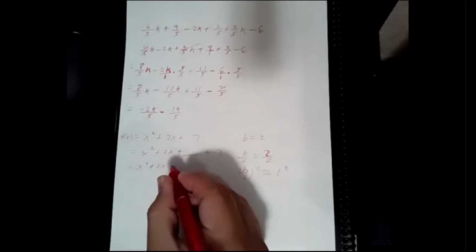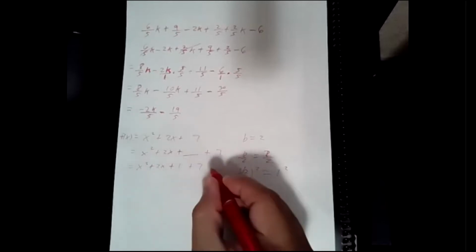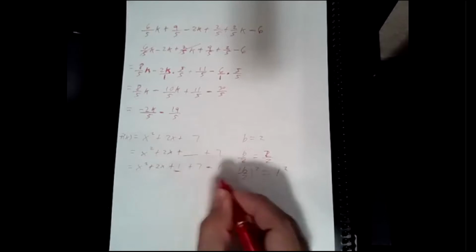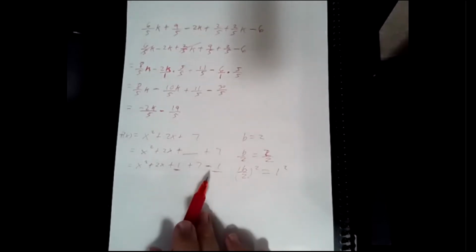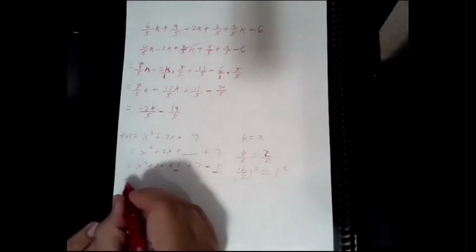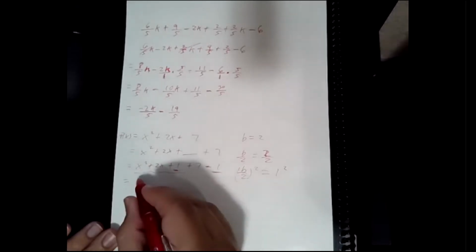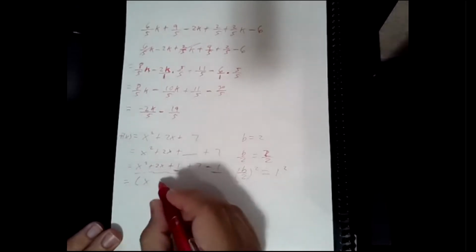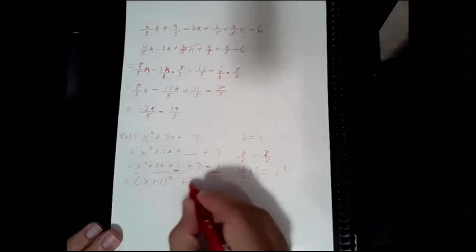But if I only have one side, I need to subtract. Add and subtract to keep the balance. So then this guy factors perfectly into a perfect square, which would be x plus 1 squared, and then this guy becomes a 6. So it's always going to be this way.